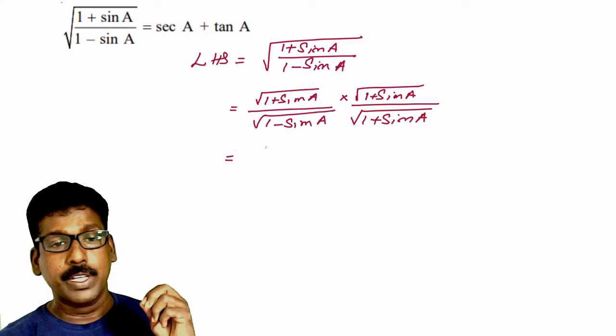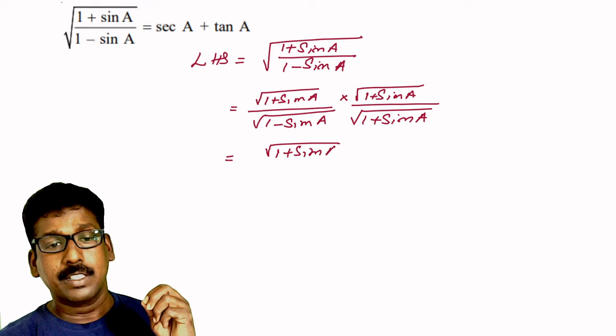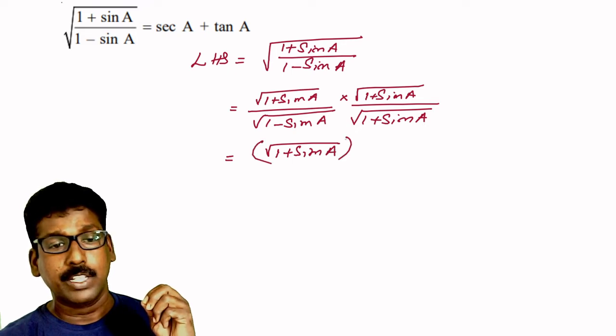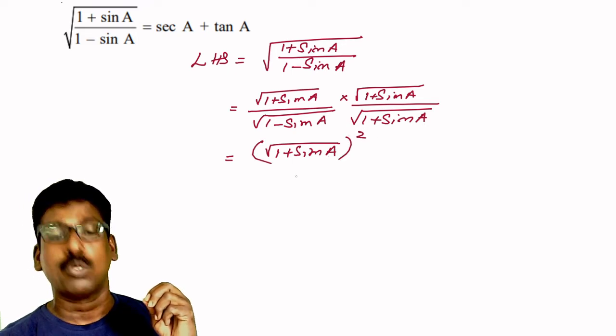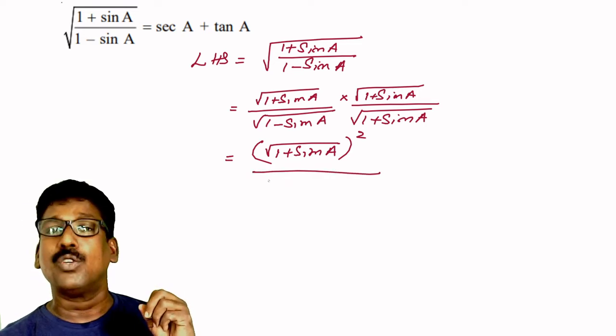Square root of 1 plus sin A into square root of 1 plus sin A, it is square root of 1 plus sin A whole square, over square root of 1 minus sin A into 1 plus sin A.